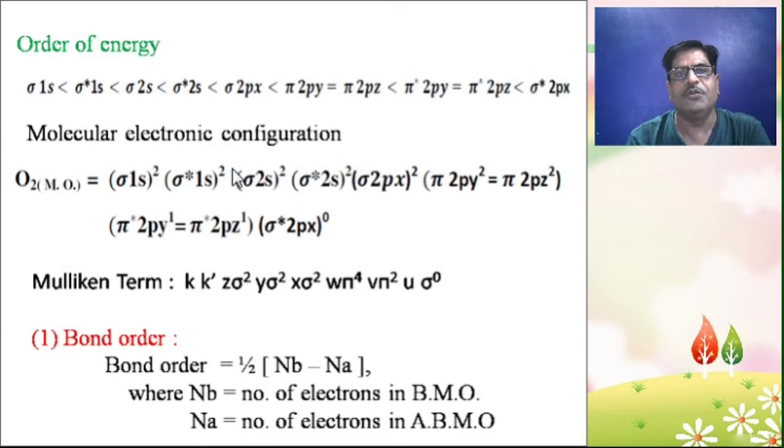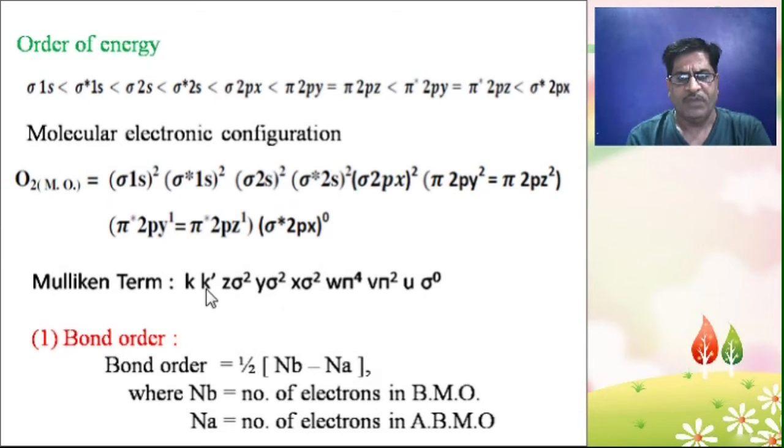Sigma 1s2, sigma star 1s2, sigma 2s2, sigma star 2s2, sigma 2px2, pi 2py2 equal to pi 2pz2 and pi star 2py1 and pi star 2pz1, sigma star 2px0. So here we can also write the Mulliken term: K dash, Z sigma 2, Y sigma 2, X sigma 2, W pi 4, V pi 4, U sigma 0.